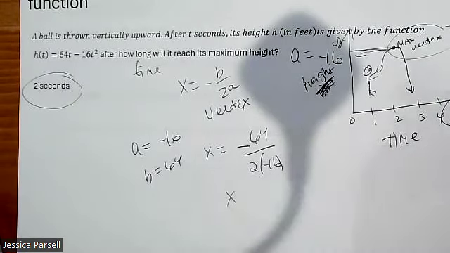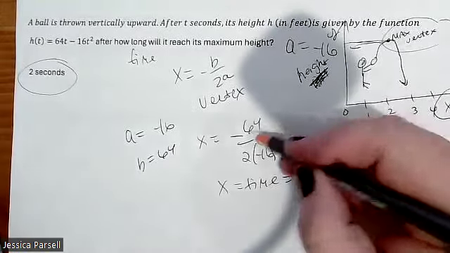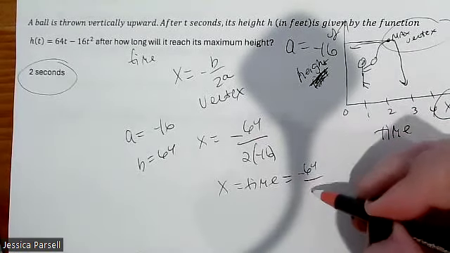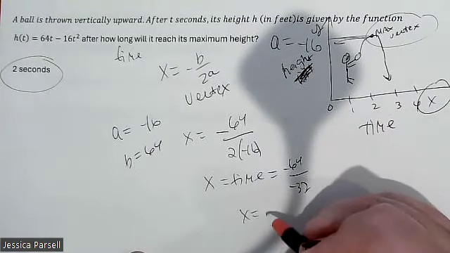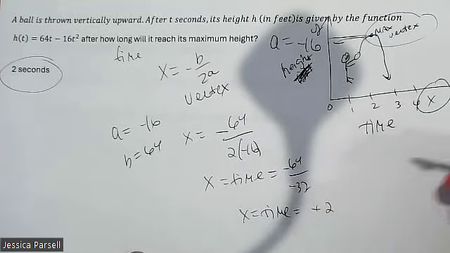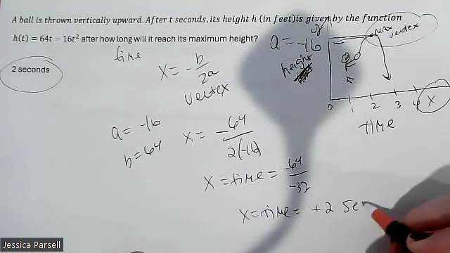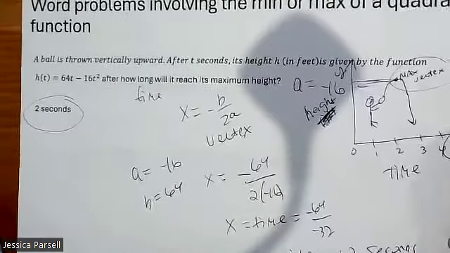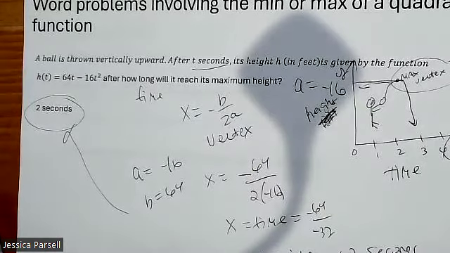So x, which is time, is equal to -64 divided by -32. Well, negative divided by negative is going to be a positive. 64 divided by 32 is 2. So x, which is time, is 2 seconds. And the reason I'm using seconds is because they said after t seconds. So that's how they got the 2 seconds.